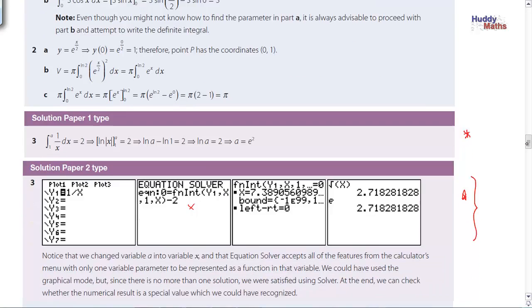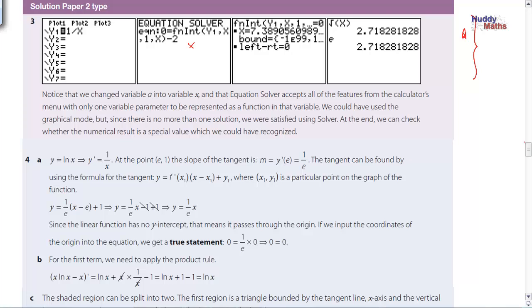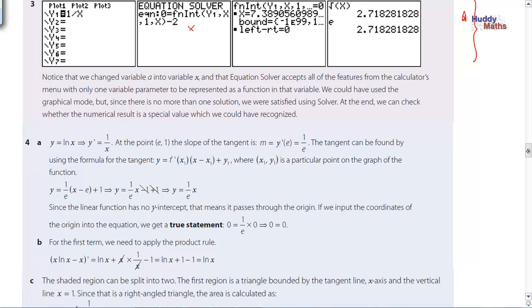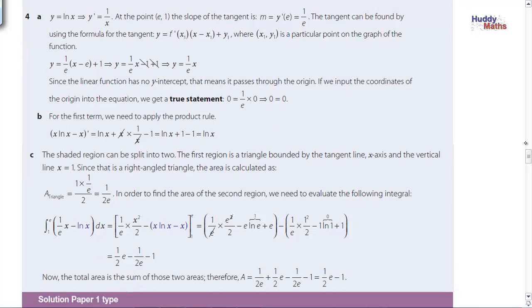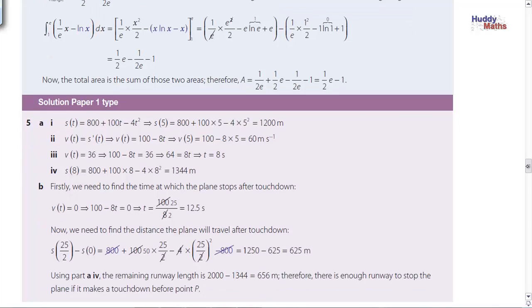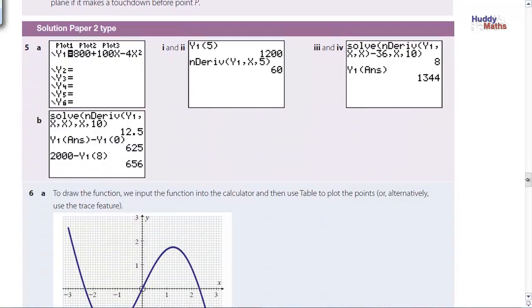Let's go down to the next set there. Rest of question 3. Go to question 4. Let's see if we can get it all on there together. Question 4. Question 5, doing it as paper 1. Doing it as paper 2.